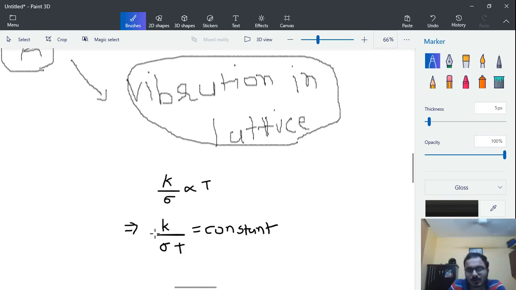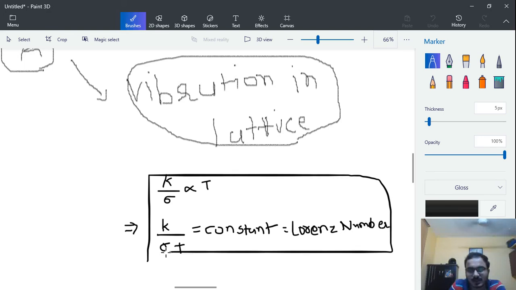So this ratio is constant, K upon sigma T, and this is known as Lorentz number. Okay, so this is known as Lorentz number. So this portion you need to write down by yourself, which is not available in this slide.